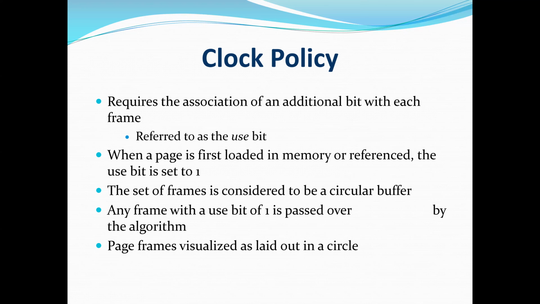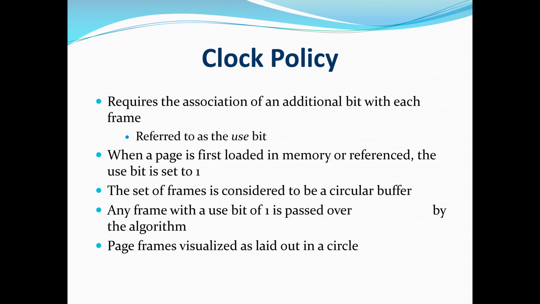Now, for the page replacement algorithm, the set of frames that are candidates for replacement, whether the local scope of the process or all of memory in the global scope, is considered to be a circular buffer with which a pointer is associated.